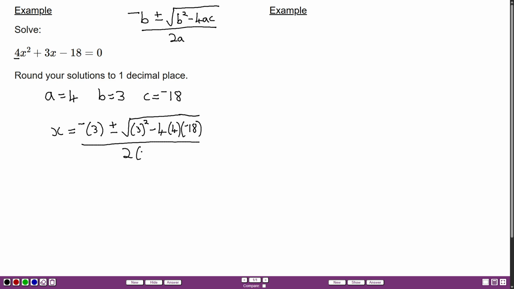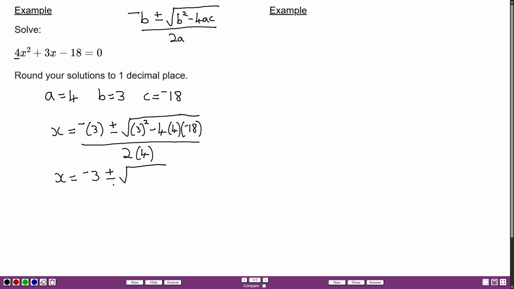So I've done all my substitutions here, and I just need to stick that into my calculator. Now, rather than putting the whole lot as 1, I do prefer to simplify it a little bit and evaluate parts of it. So x is going to equal, so negative 3, and then it's going to be plus or minus, and I like to work out all this bit here, this discriminant, or the bit under the square root.